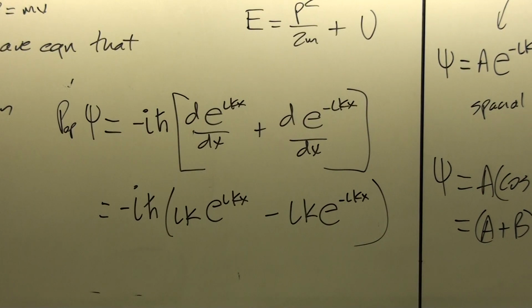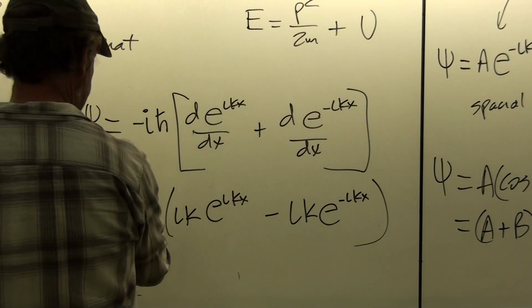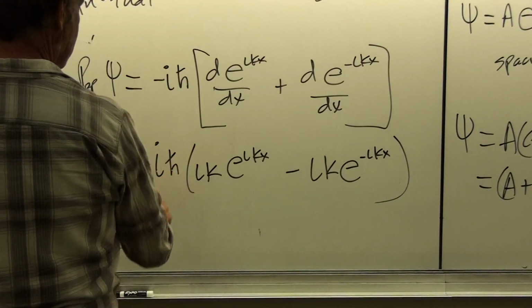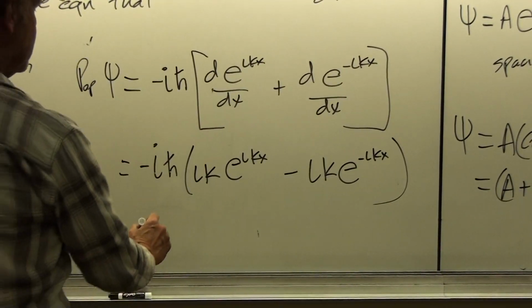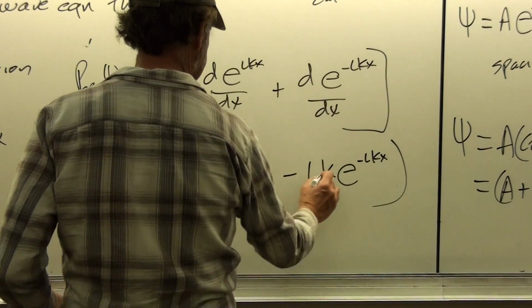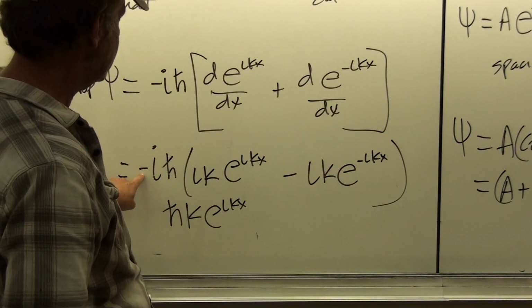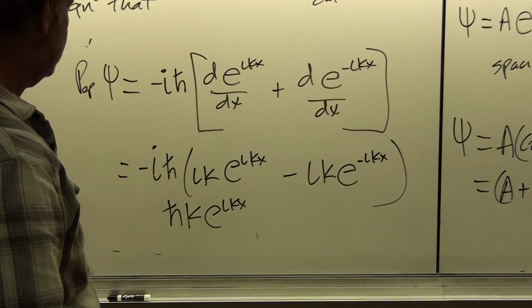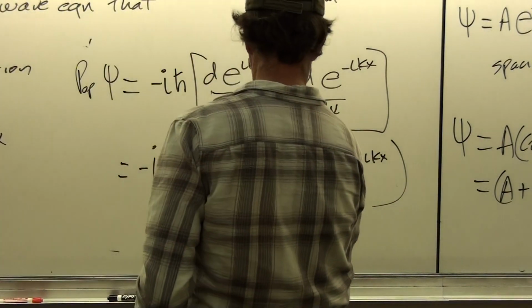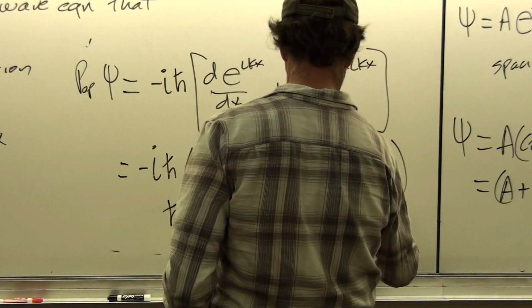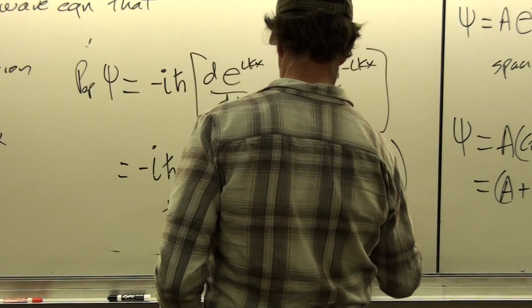Like that. Okay, and so what we end up with here then is i times i is minus 1, times negative 1 is 1. So that gives me h bar k e to the i kx. And then here, we're going to have minus i times minus i. That's going to give me minus 1. That's minus h bar k e to the minus i kx.